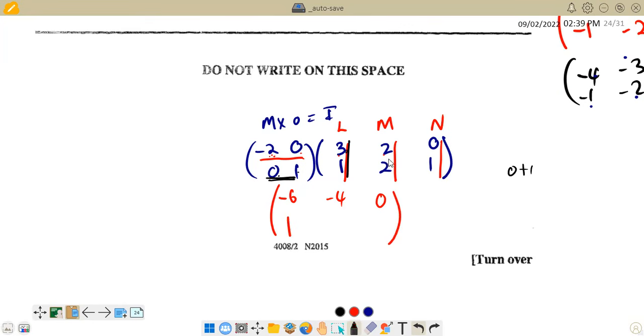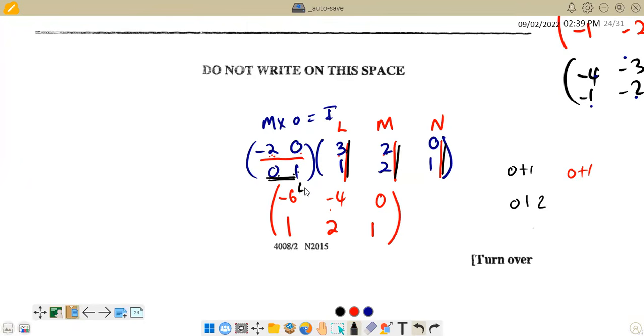We move on to this column, still on the same row. It's 0 times 2, which is 0, plus 1 times 2, which is 2. As you can see, you're going to obtain a 2 in this case. Now we move on to this row and the last column, which is 0 times 0, that's 0, plus 1 times 1, which is 1. So this is the image that you're going to have, which means we've got our L3.